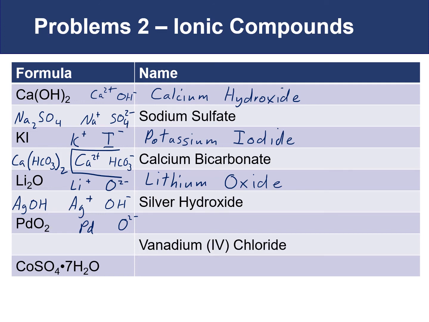There are 2 sets of -2, so for the palladium, to balance that out, it will have to have a +4 charge, so 4+. So the name will be palladium 4 oxide.